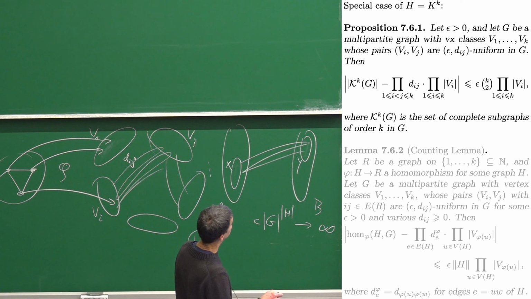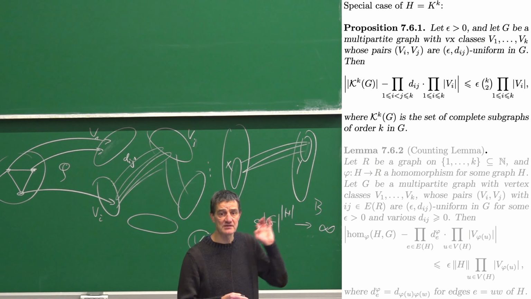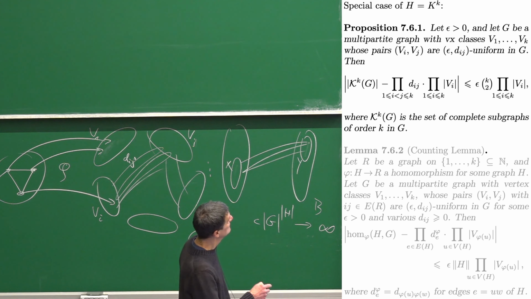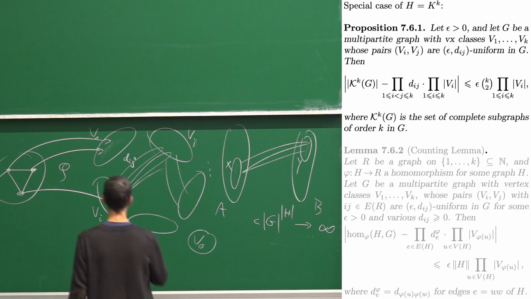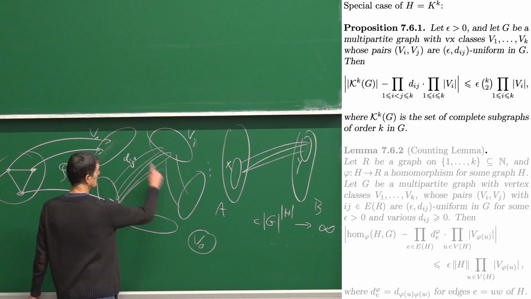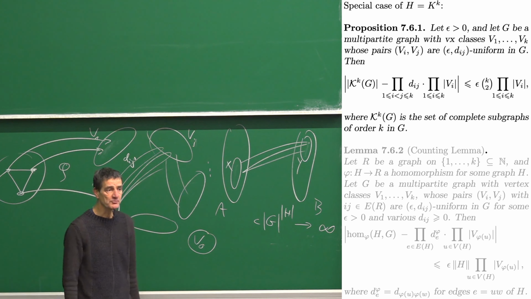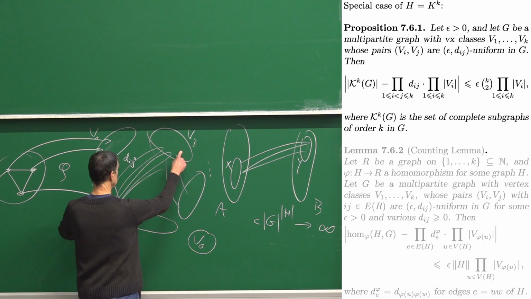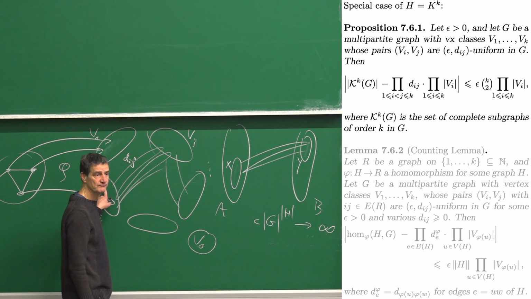And then the probability that such a particular choice of one vertex from each class is, in fact, a complete graph in G. What's that probability? Well, we have to look at all the pairs of vertices and see with what probability the chosen pair is in fact an edge. Right?